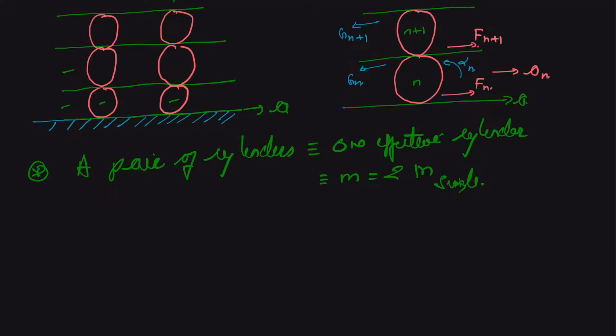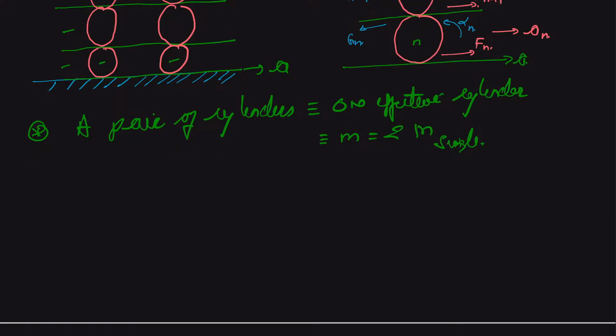And now we can write, because our cylinder is going to have two types of motion, translational as well as rotational.